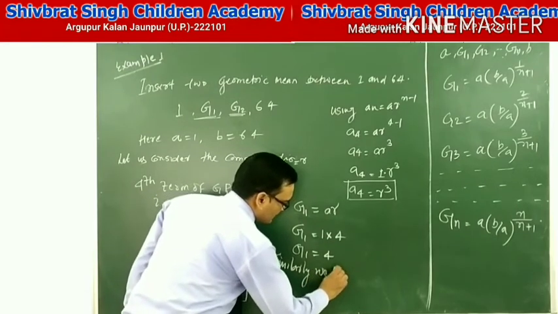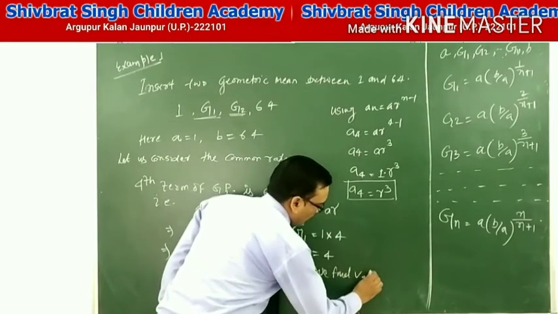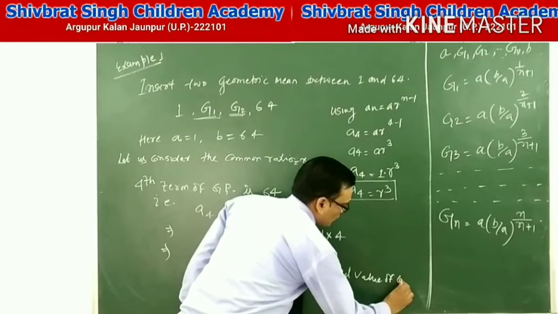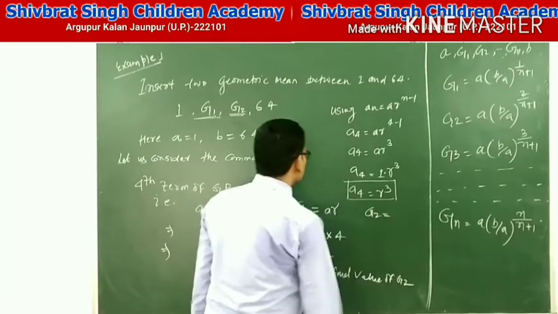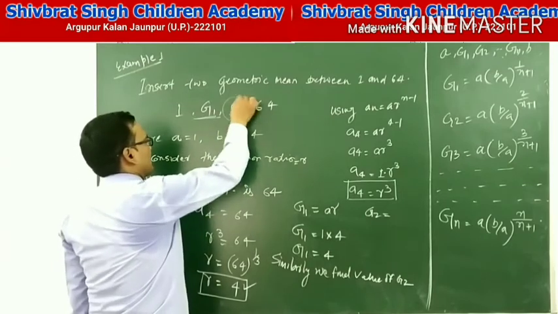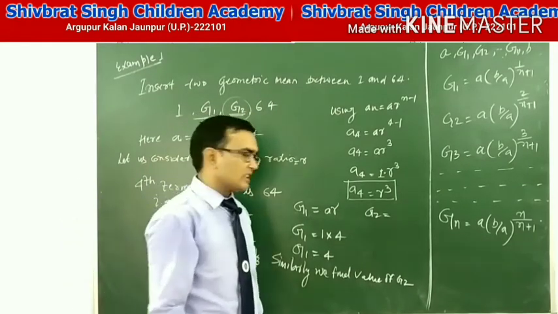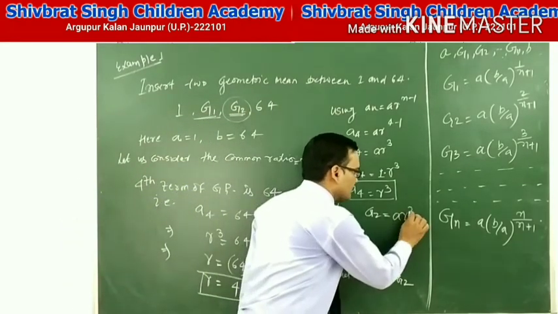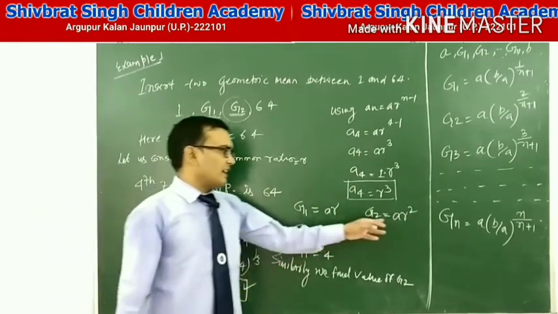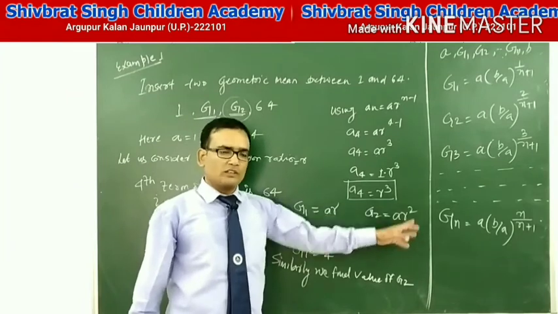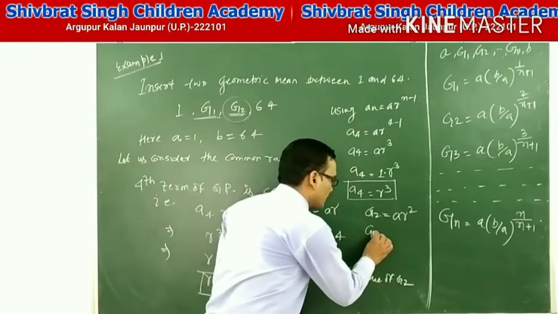Similarly, we find the value of G2. G2 is the third term of this GP. Then this can be written as a r square, that means a r to the power 3 minus 1. G2 equal to a r square.